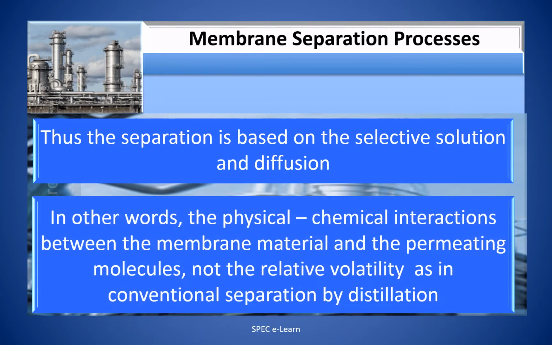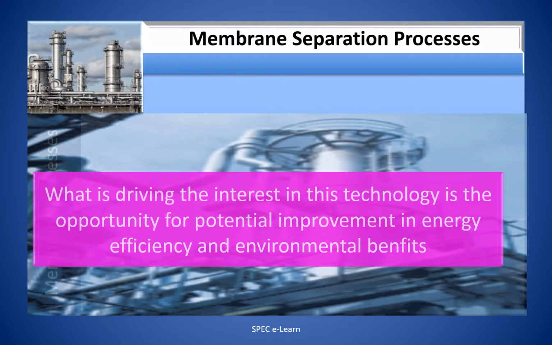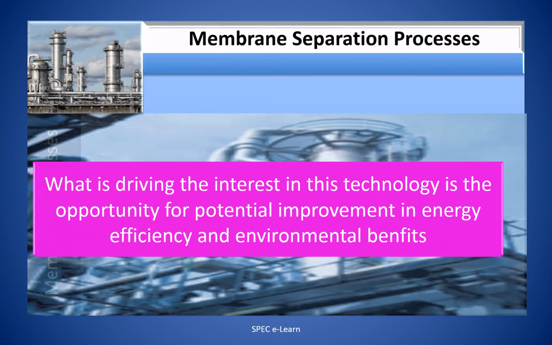In other words, physical chemical interactions between the membrane material and the permeating molecules, and not the relative volatility as in conventional separation by distillation. What is driving the interest in this technology is opportunity for potential improvement in energy efficiency and environmental benefits.